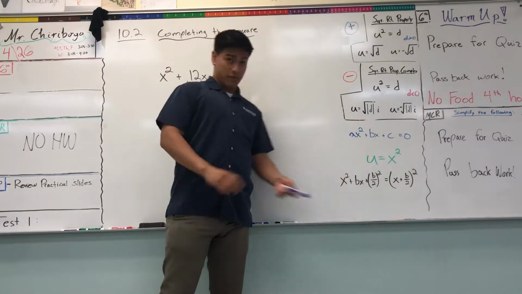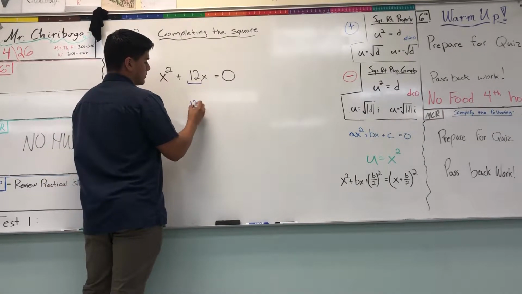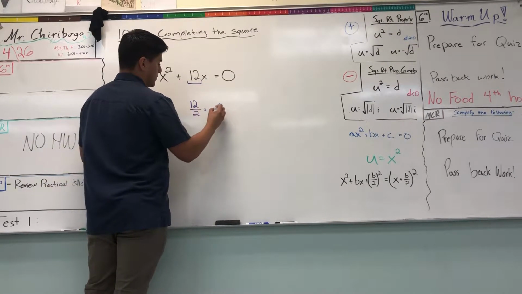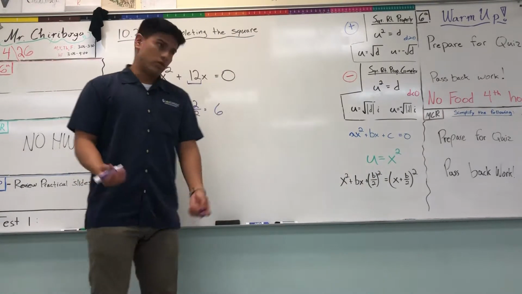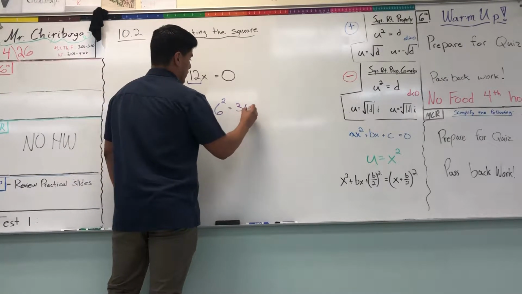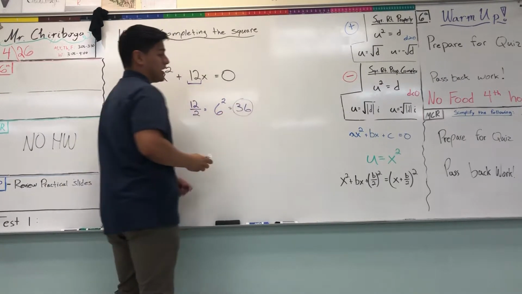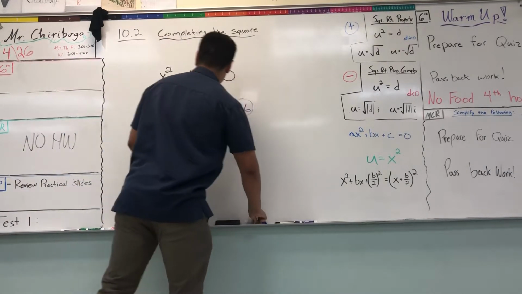Divide by 2. So what's 12 divided by 2? Exactly, it's going to be 6. And then, what else do I have to do? Square. What's 6 squared? 36. Okay, so this is going to be my value that I'm going to use to plug into C, right? So I can complete the square.